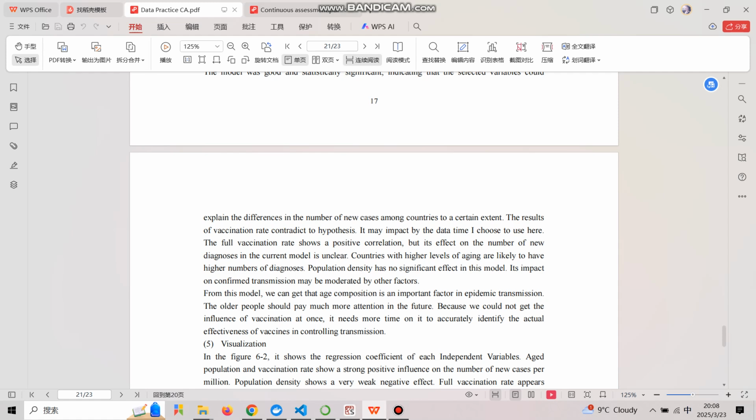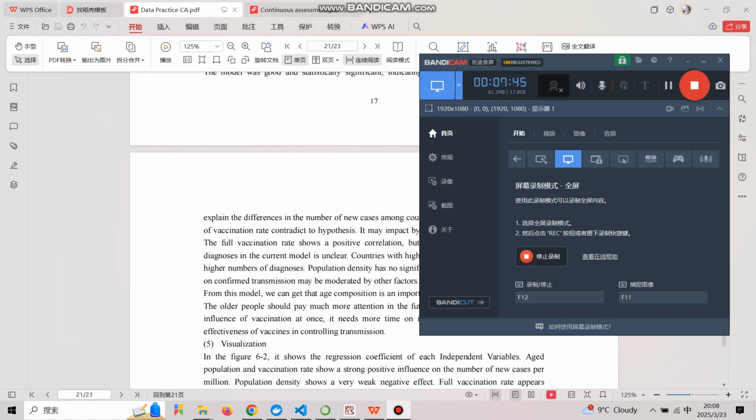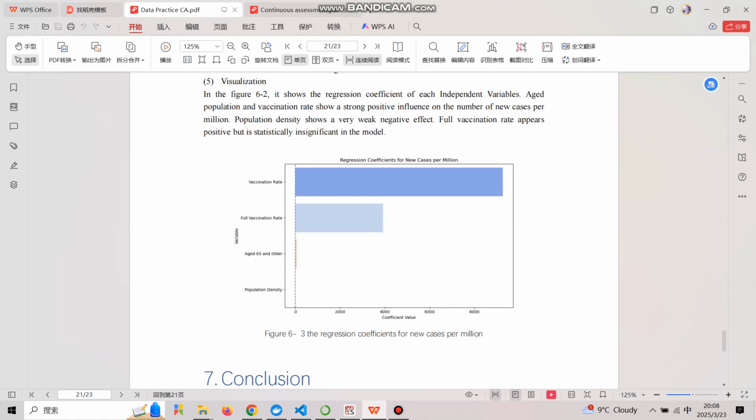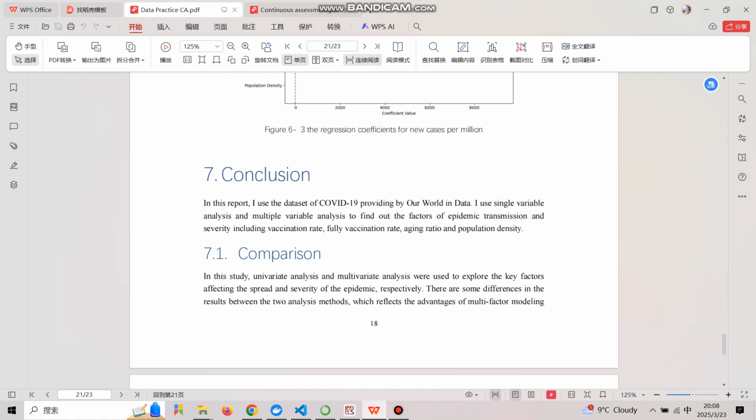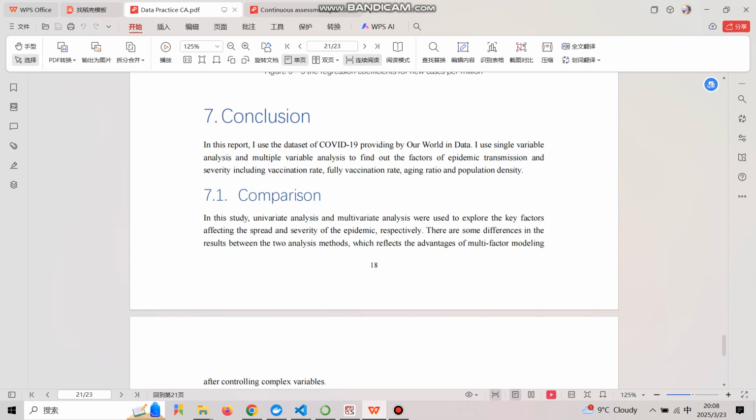In this analysis I just chose one point in time, so the results will change when choosing another time. In this report, I think it was important to use multivariate analysis.